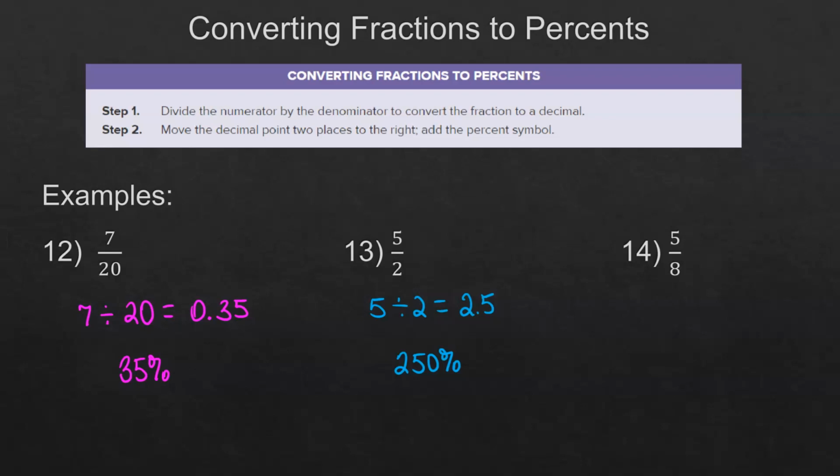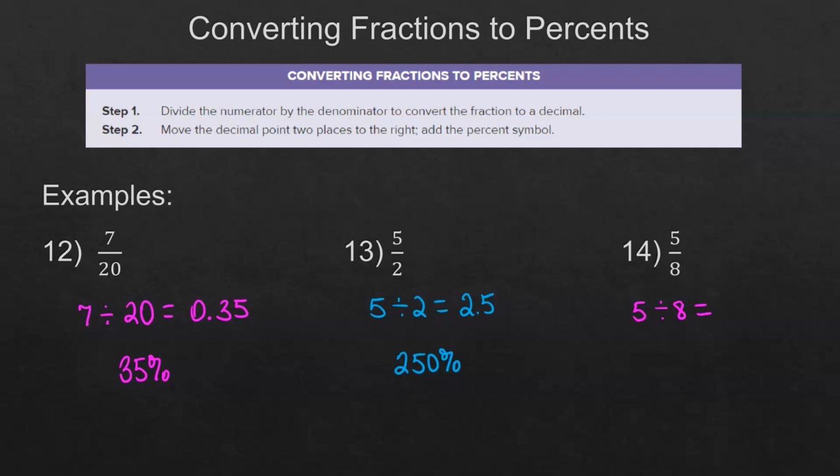All right. Next, we're going to convert the fraction 5/8. So we simply take 5 divided by 8. If I should go too fast for you, remember the pause, right? You can always pause. 5 divided by 8, you may want to pick up your calculator and try this, right?